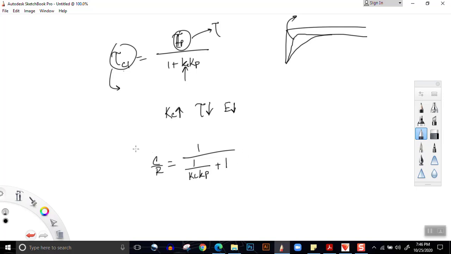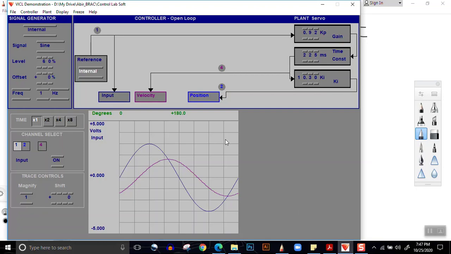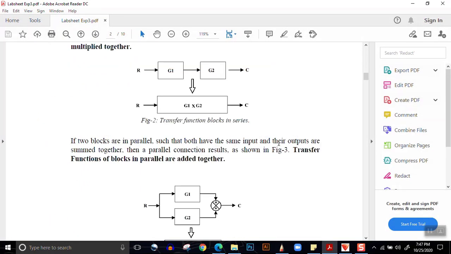So we have mathematically derived these two equations, and in this experiment, our task will be to verify them experimentally, or in this case via simulation, since we do not have the hardware at hand at this moment.